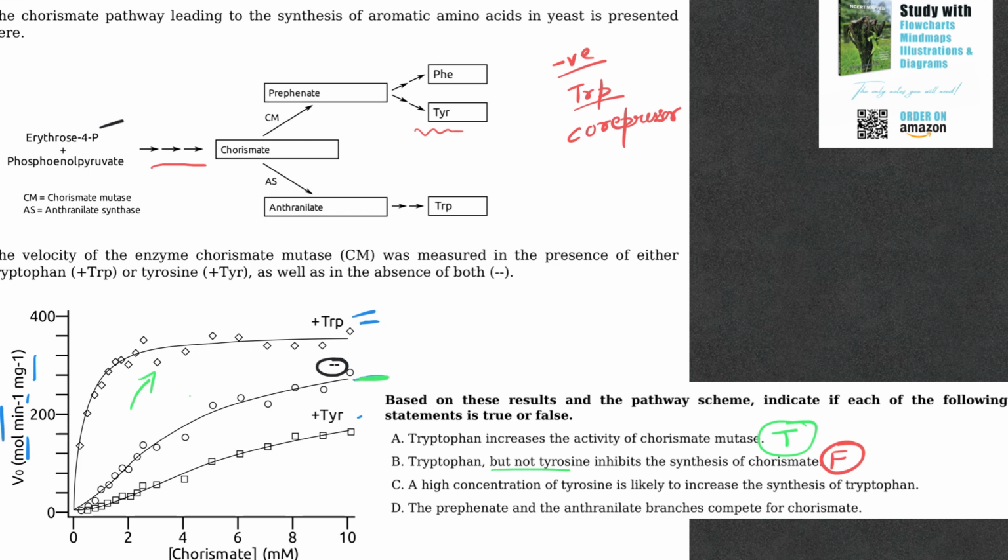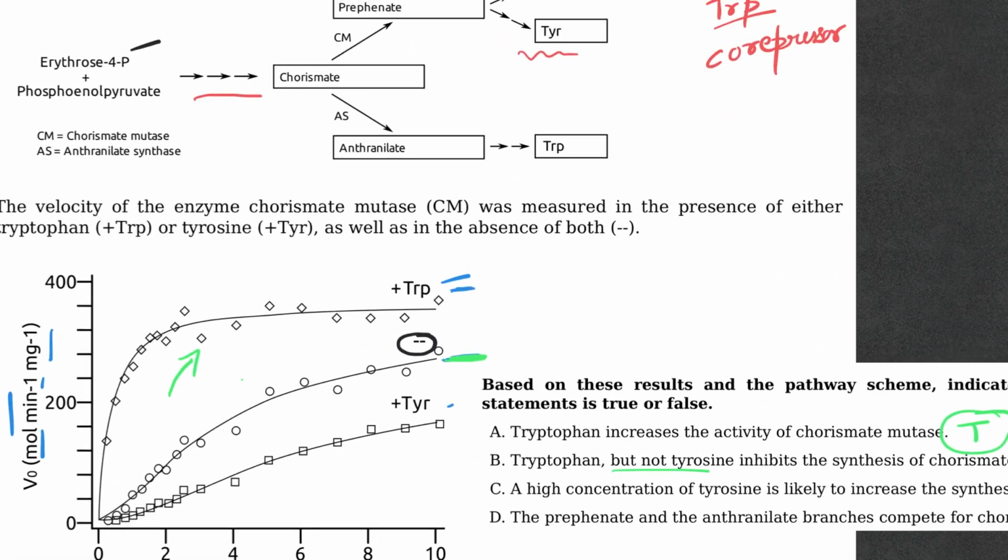Okay, a high concentration of tyrosine is likely to increase the synthesis of tryptophan. High concentration of tyrosine. Now, from the graph, we can clearly see that tyrosine reduces chorismate mutase. Okay, so if the chorismate mutase goes down, that means chorismate will not be used up by the enzyme anymore.